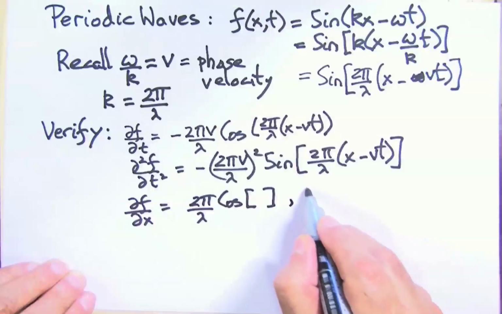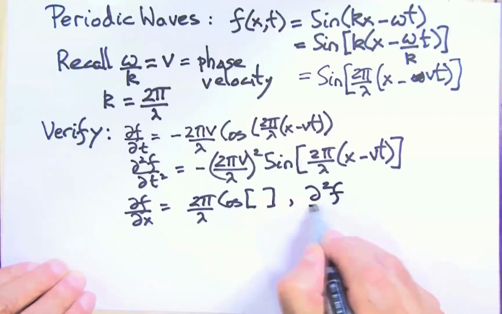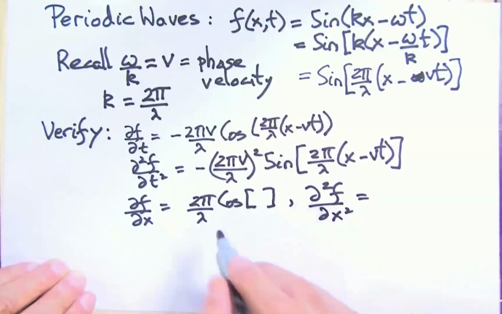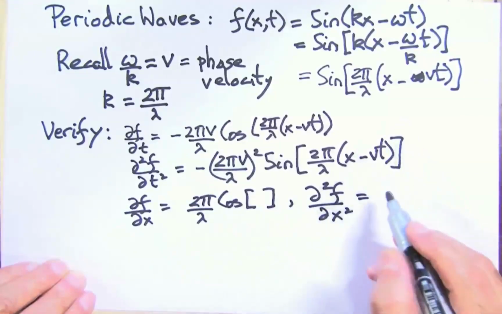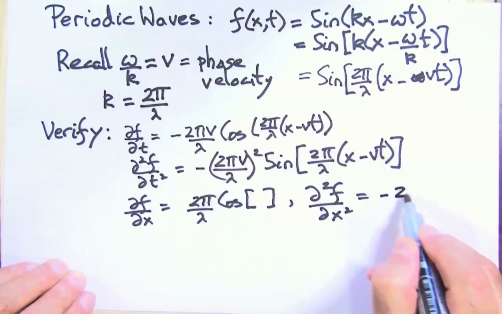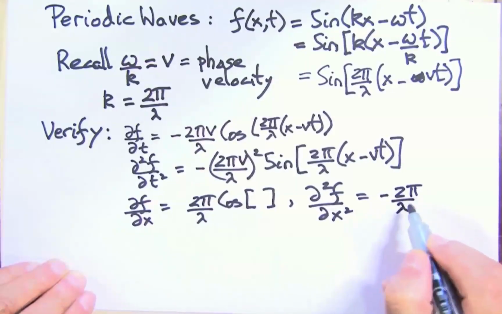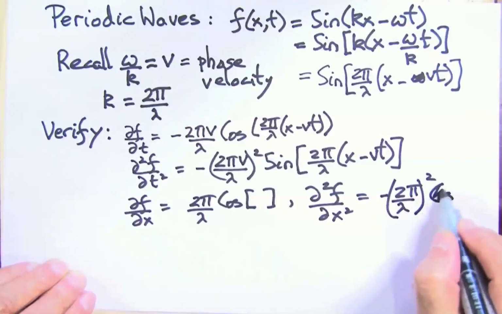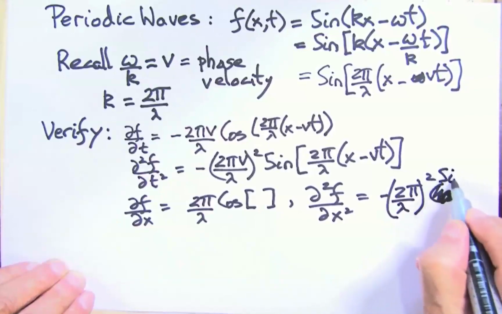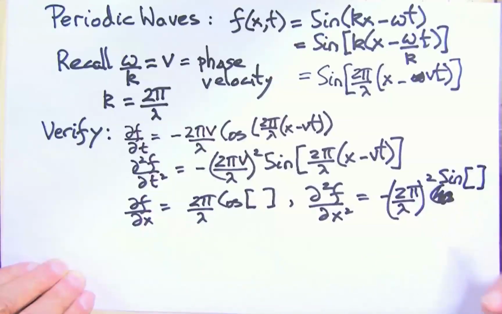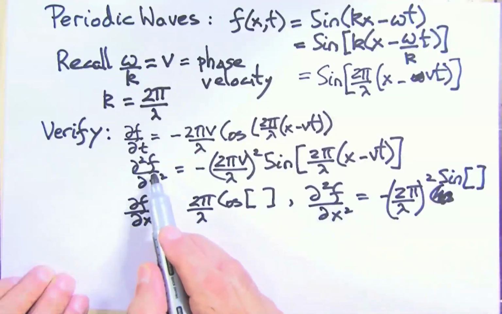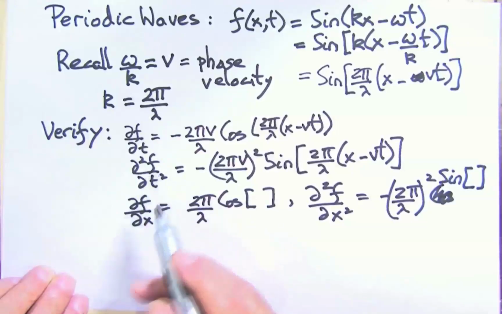And then if I differentiate it one more time, so d2f dx squared, when you differentiate cosine, you get a minus sign, so the only thing is that I will have over here minus 2 pi over lambda squared sine of all that stuff which was there before. Okay, so that's the second derivative of f with respect to x.